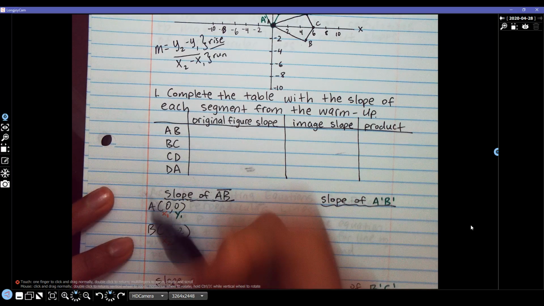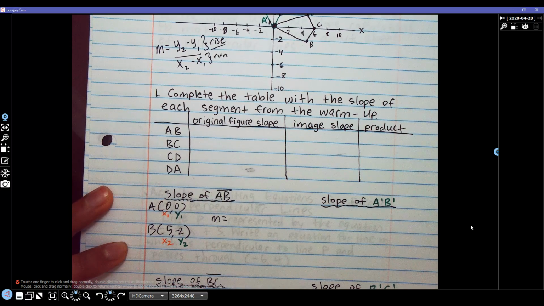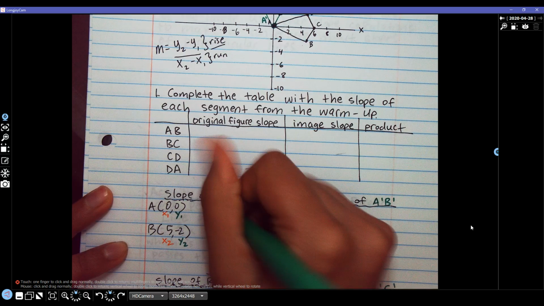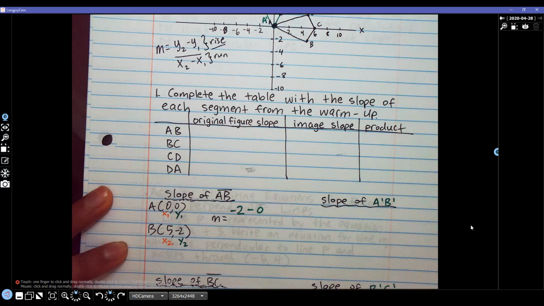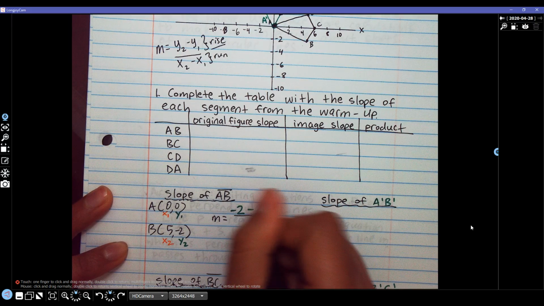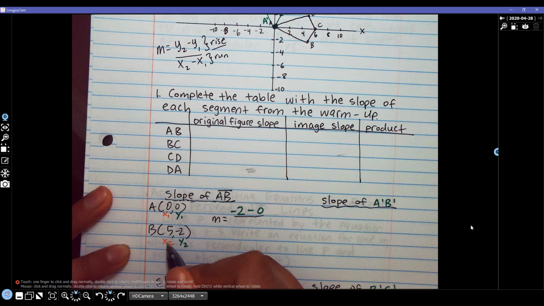So I've got m equals y2 minus y1. My y2 is -2, and the y1 is 0. So -2 minus 0 over x2 minus x1. My x2 is 5, 5 minus 0.